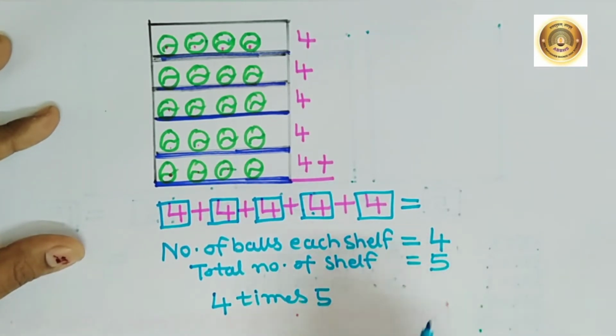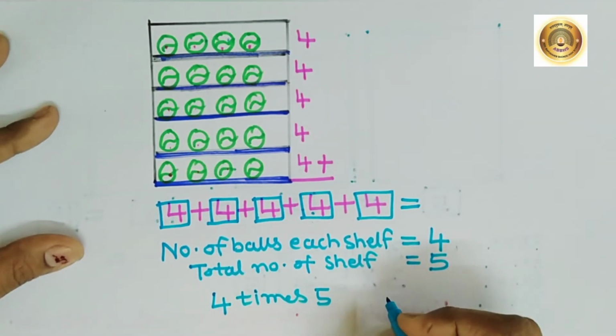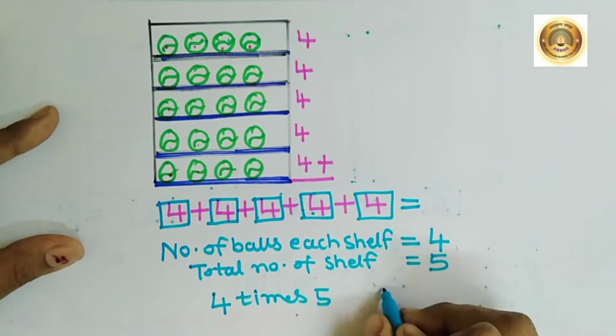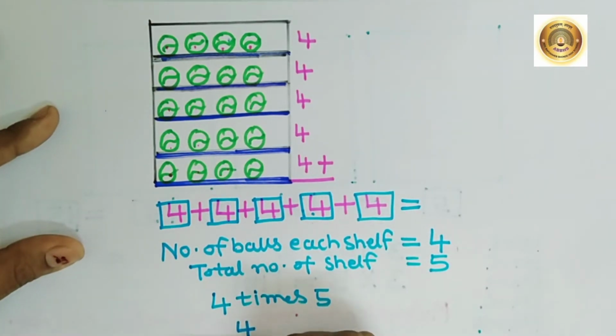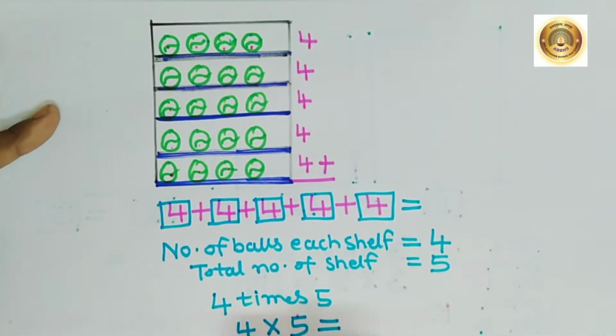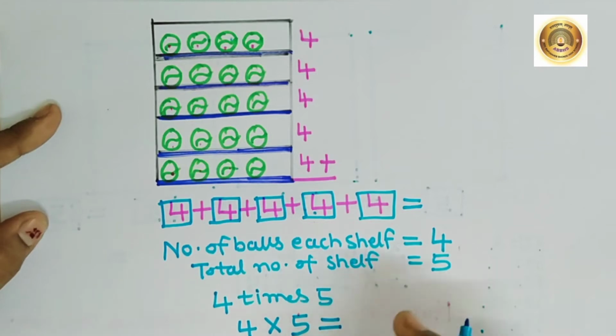Thus, instead of adding 4 5 times, we will do multiplication. 4 multiplied by 5. So what is 4 5s? 4 5s is 20.